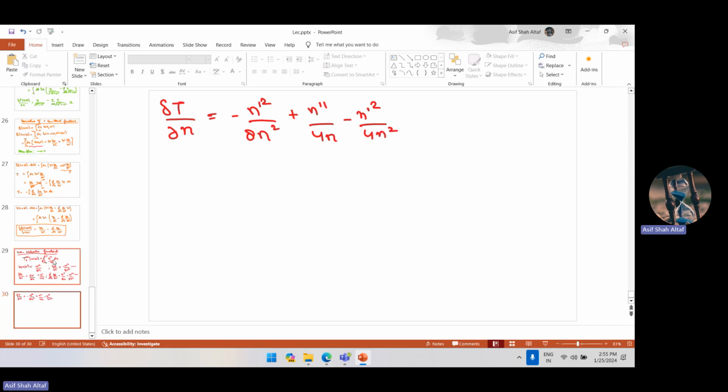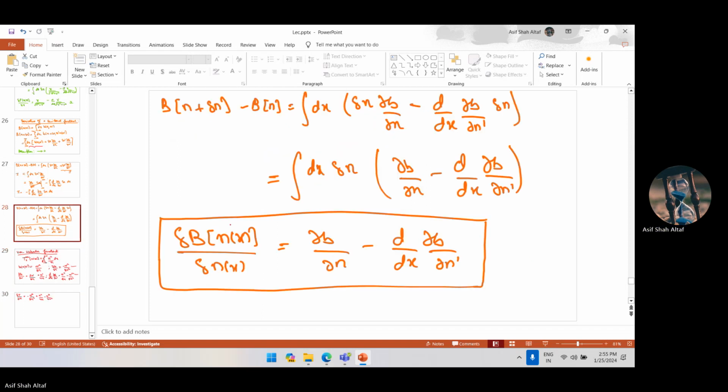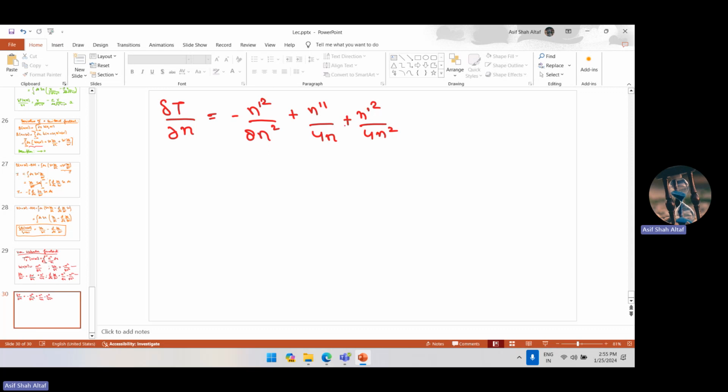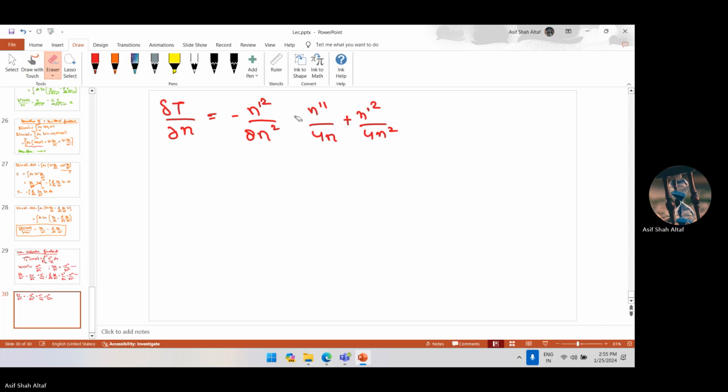Fine. Oh, I think I missed something. Okay, there is a minus also in this formula here. So this minus and the second minus will become plus basically. So this will be just plus, right? And this thing here will then be minus. Fine.